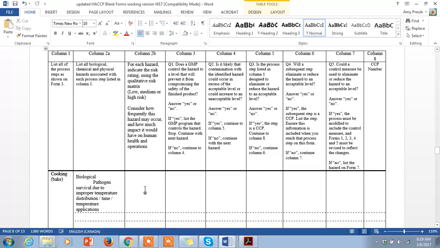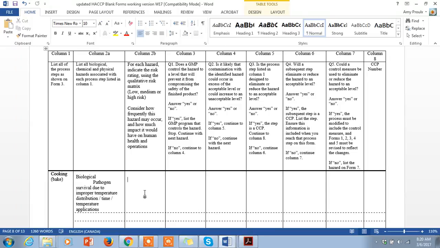So remembering, how do I assess hazards? I'm thinking about the frequency of the hazard occurring and the severity of the hazard when it impacts the population. So in my banana muffins, I had raw egg product and it was unpasteurized. So the likelihood of bacteria being in there is extremely high.